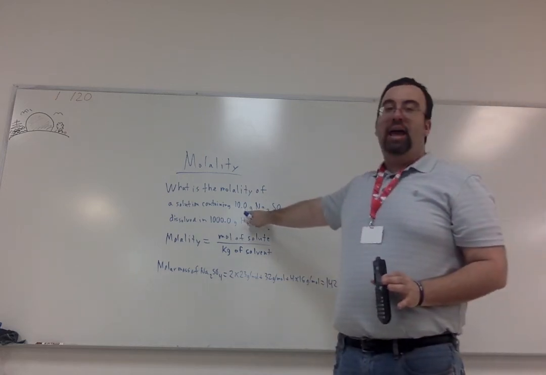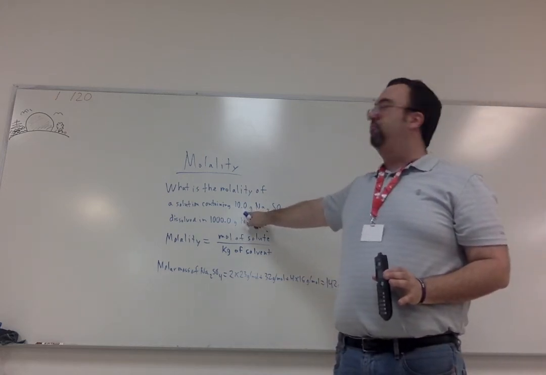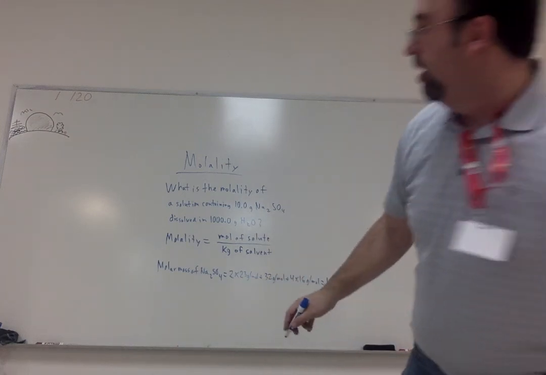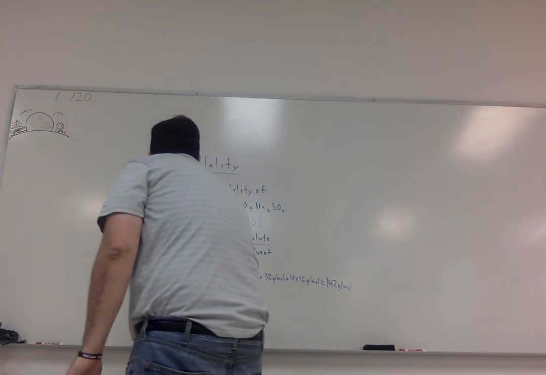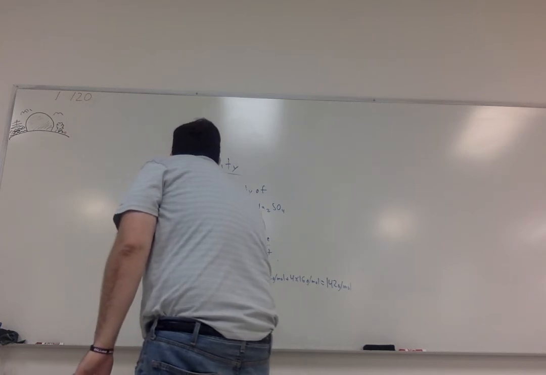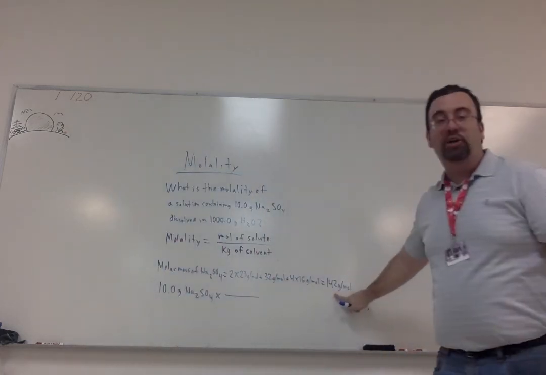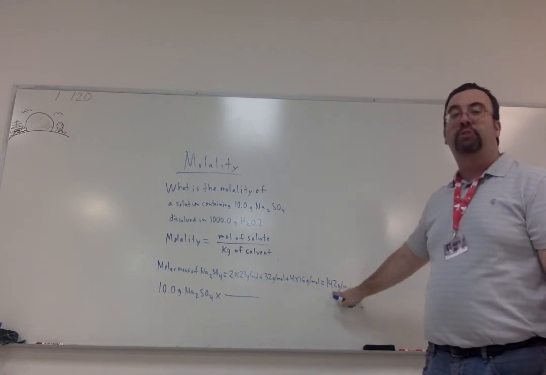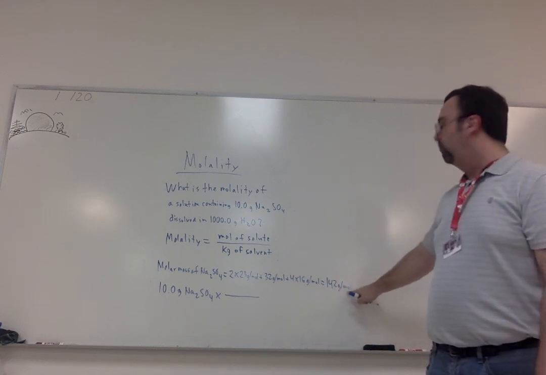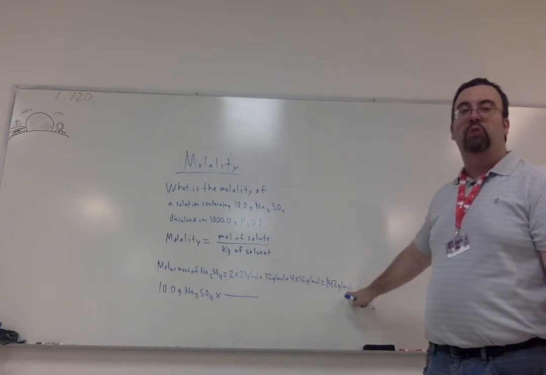We're told that we have 10.0 grams of the sodium sulfate. For our conversion factor, we're going to put the 142 grams on the bottom so that the units cancel out, and therefore the 1 mole of sodium sulfate goes on the top.